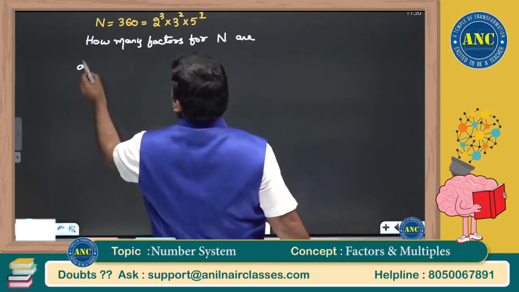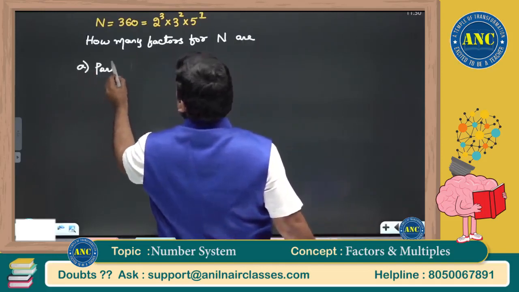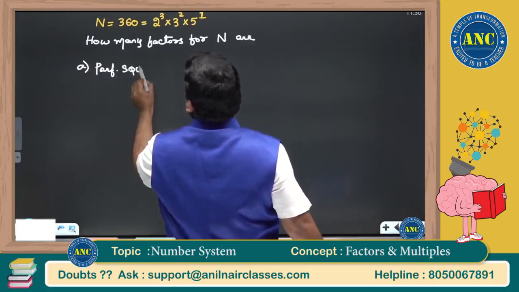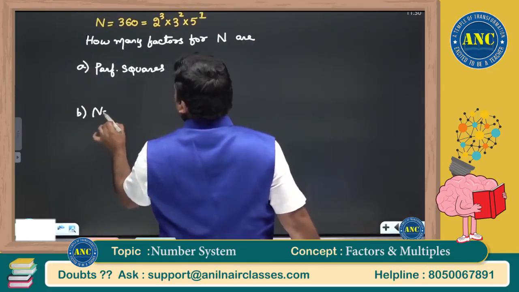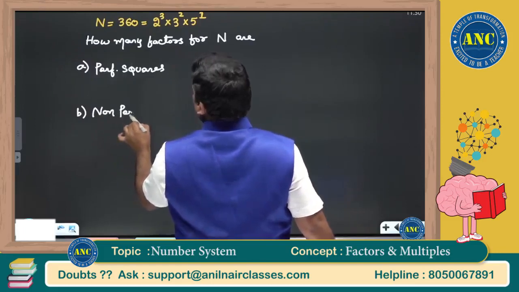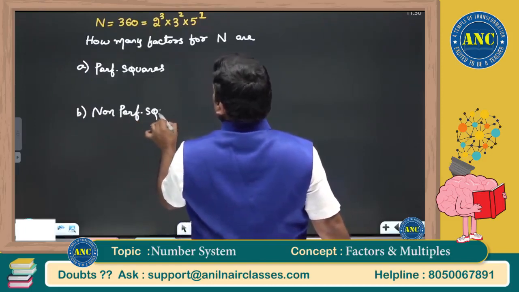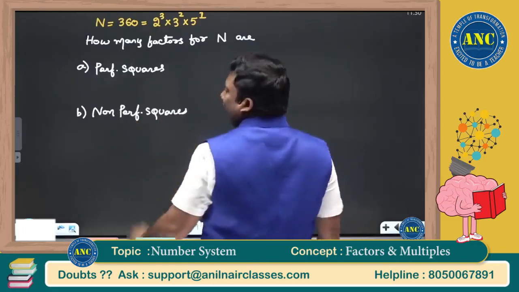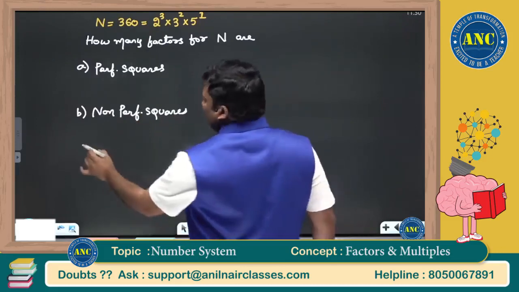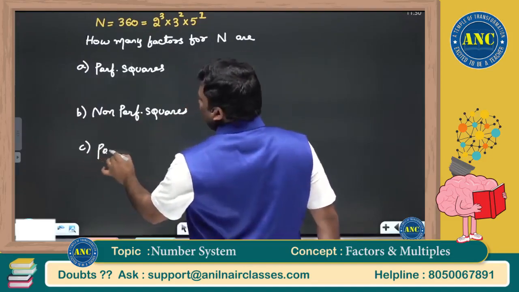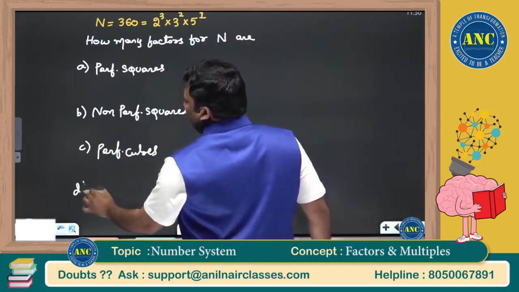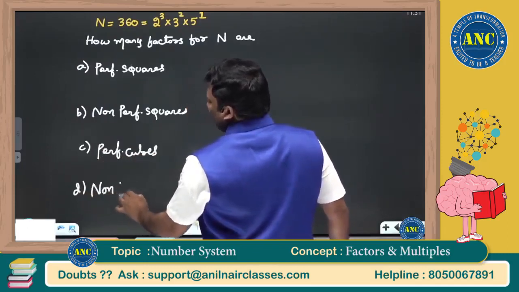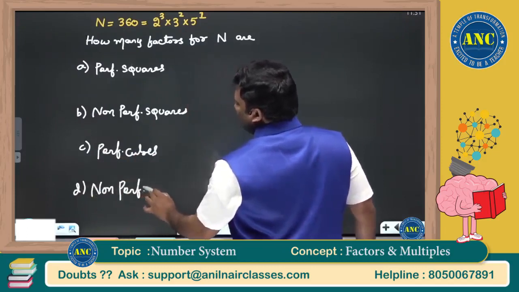First question: how many factors for N are perfect squares? Then non-perfect squares, another model. How many factors for N are perfect squares, non-perfect squares, perfect cubes, and non-perfect cubes?